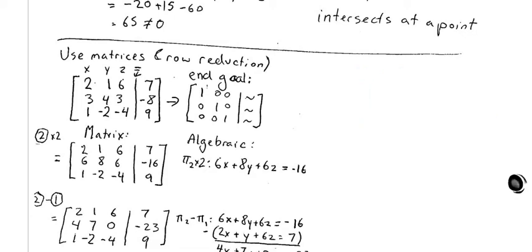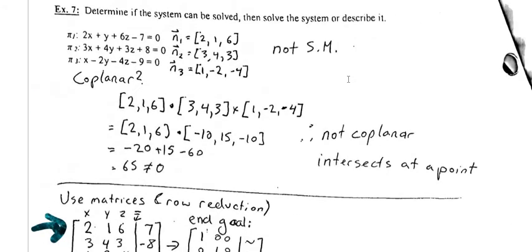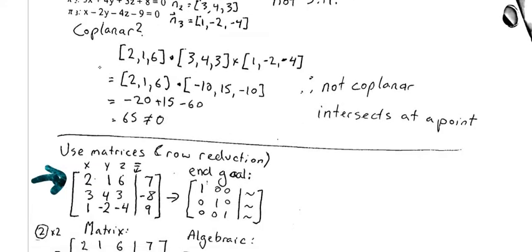So in this matrix here, the first column, 2, 3, 1, is all of our x coefficients. 2, 3, and 1. And then we do the same thing for the y's. So we have 1, 4, negative 2, and that becomes 1, 4, negative 2.